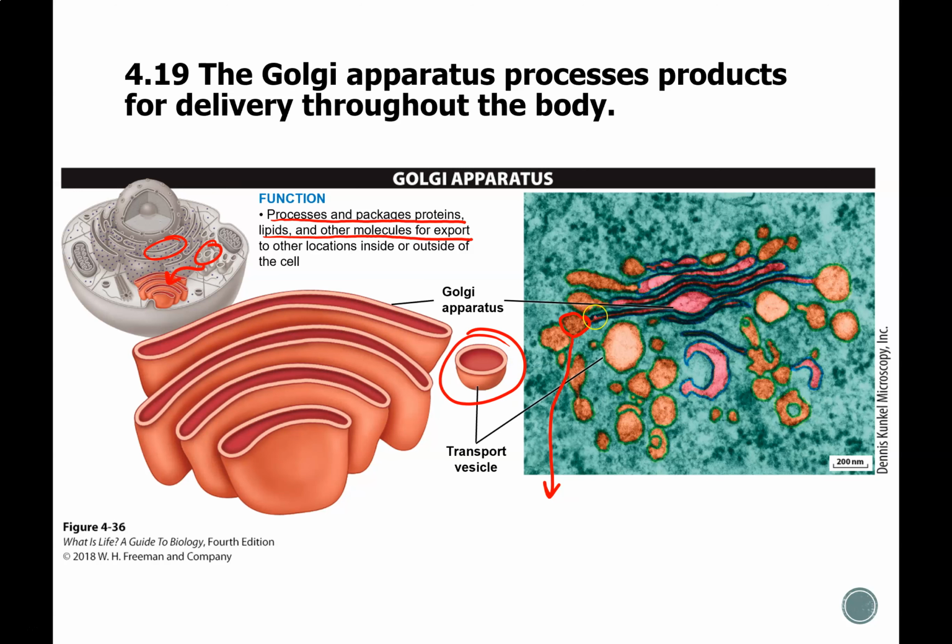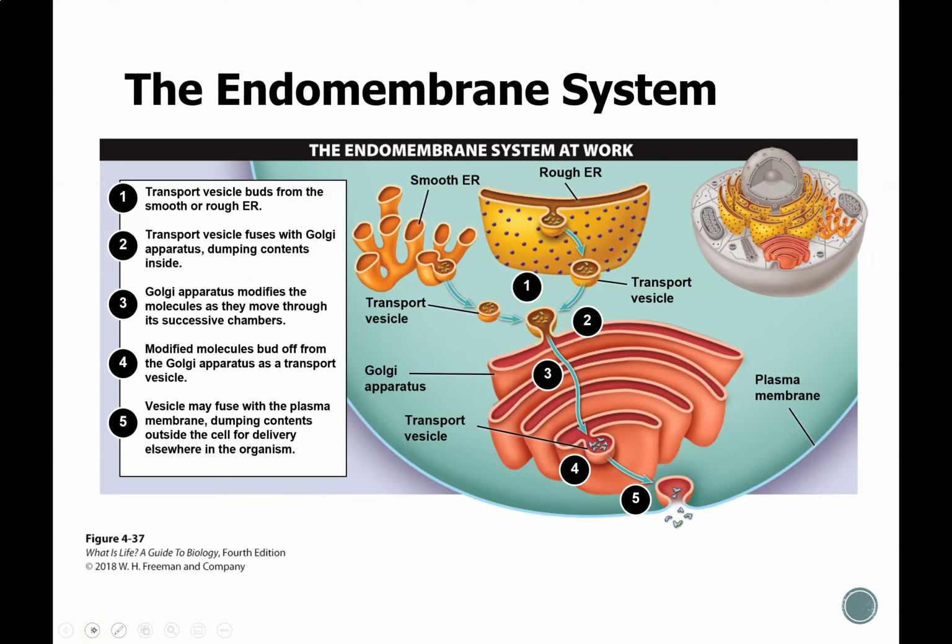They're going to travel from the Golgi apparatus with their newly packaged and processed proteins or lipids to wherever in the cell or outside of the cell they need to go. So again, this is the same slide I showed earlier. This is an overview of the endomembrane system with the rough ER, smooth ER, and Golgi apparatus.